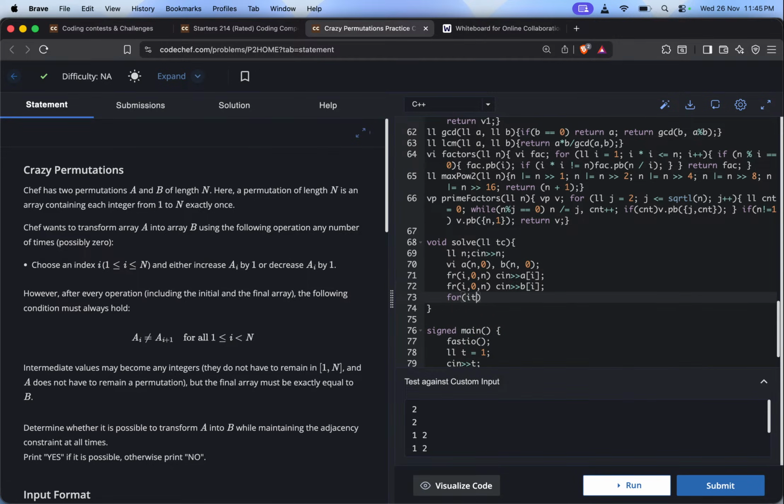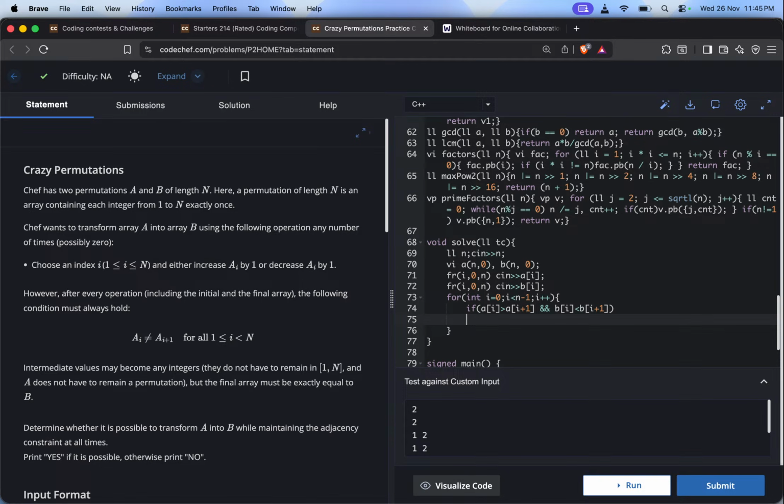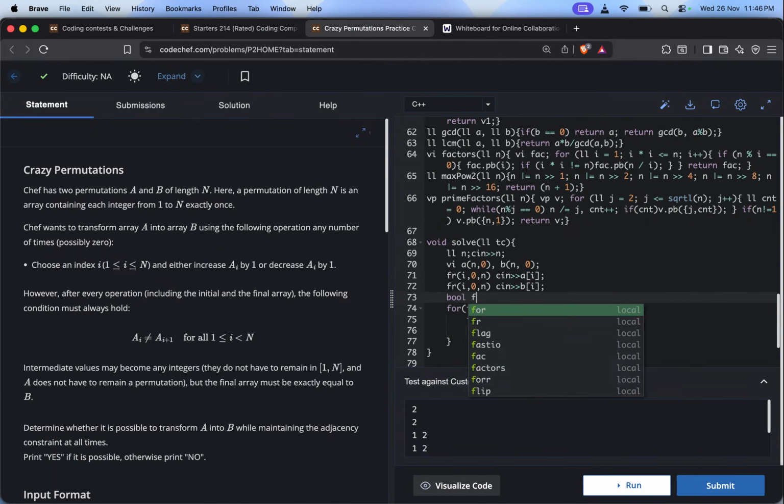Alright. So let's implement it in the code. For every pair, we need to check the following. If our current element was greater and the requirement is reversed, the greater than symbol has been reversed, then this leads to our answer being false.